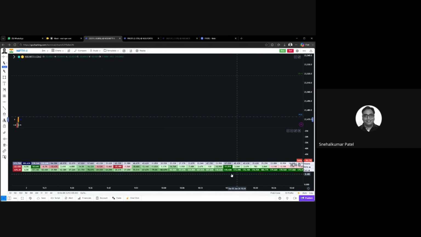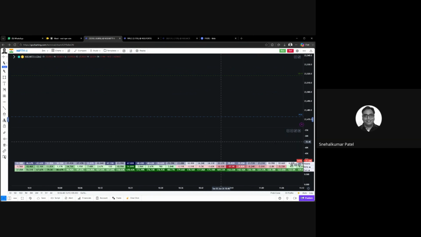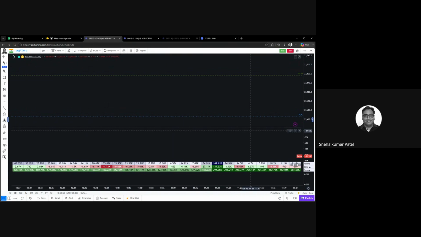Yeah. So you see here the volume peaked 179, 180, and around 133 itself. Right now we are around the same time, but if you look at the cumulative delta, it's just minus 48K. It peaked around 1121.